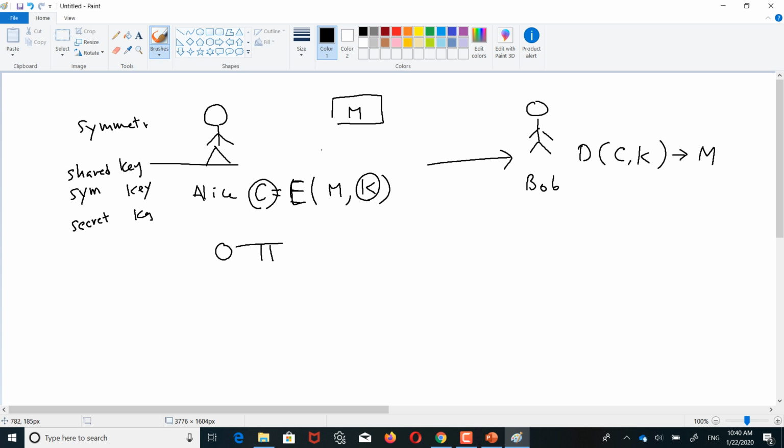So what people did in the 1970s, the scientists, actually the mathematicians, came up with the algorithm called asymmetric encryption.